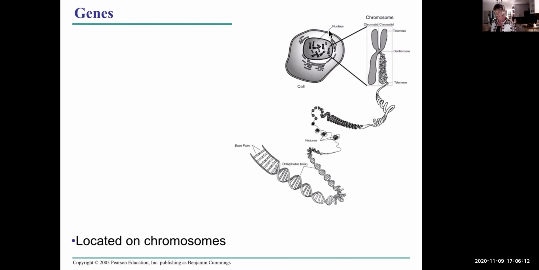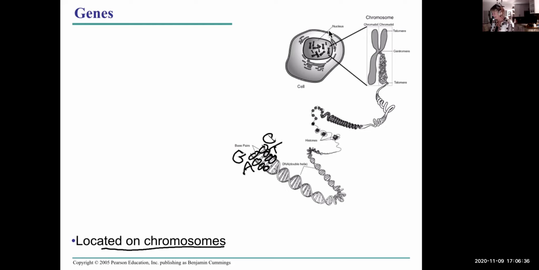So we talked about genes. They're located on our chromosomes. So here are pairs of nucleotides. This might be G there and C there, and that might be A there and T there.